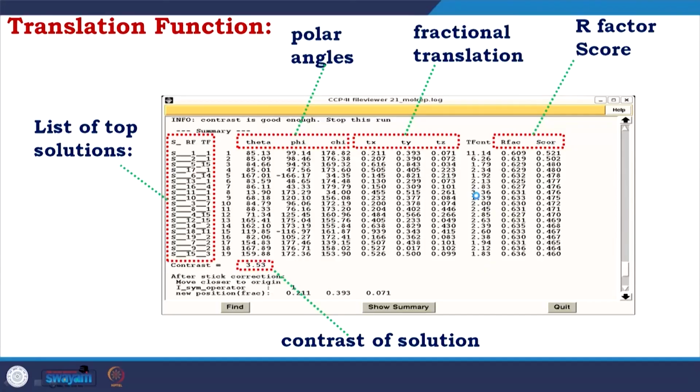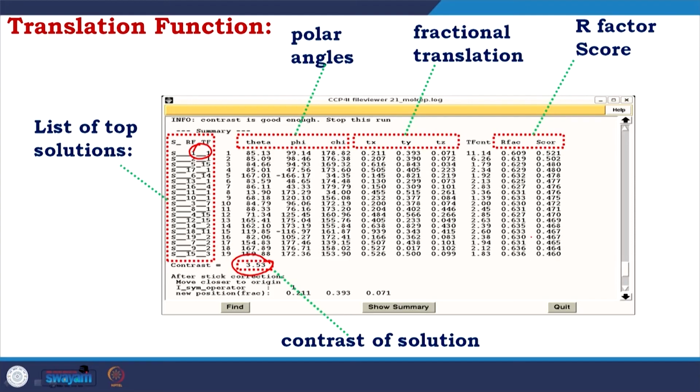In the translational function, you see the top solution as I told. Here you get 1 1, which is again the good thing. The contrast you see is 3.53, polar angles, fractional translations, like the translational solution in each of the x, y and z directions, and you get the R factor, also the score.